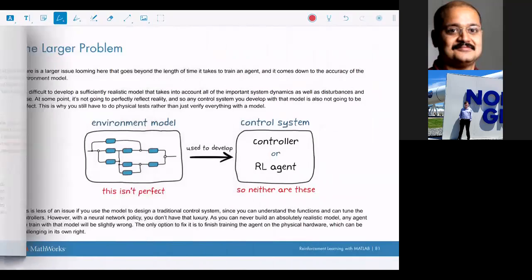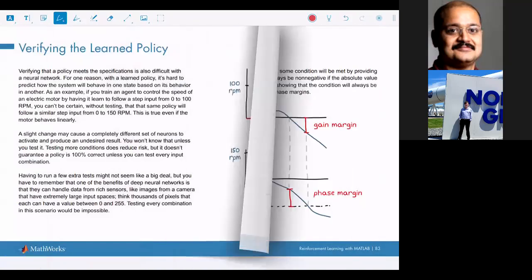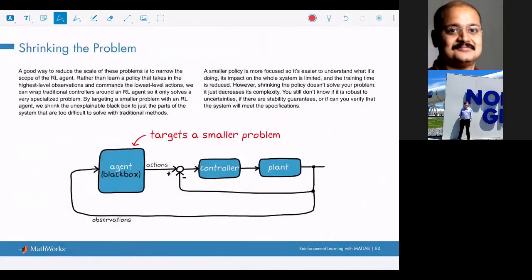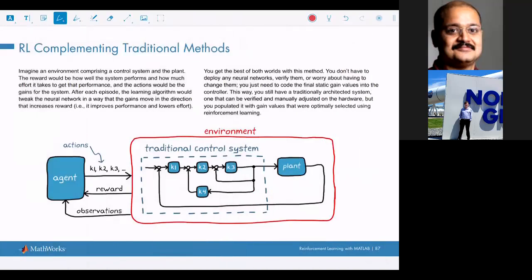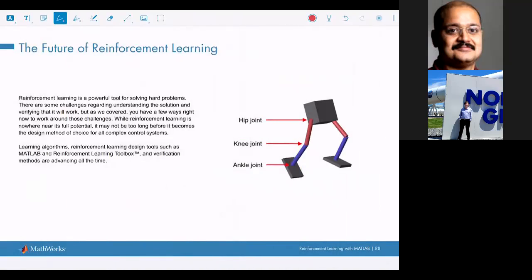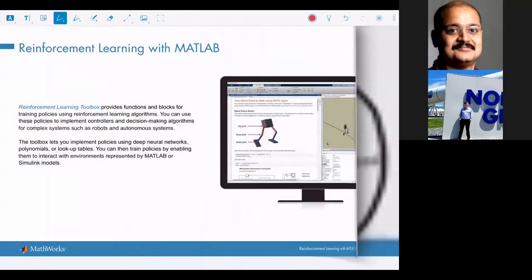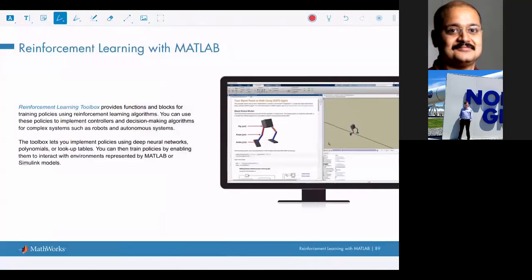And again, there is this black box, larger problem, learning policy, formal verification, and all these they talk about. But what I would strongly encourage you to do is please look at this reinforcement learning toolbox and work out that robot walking problem.